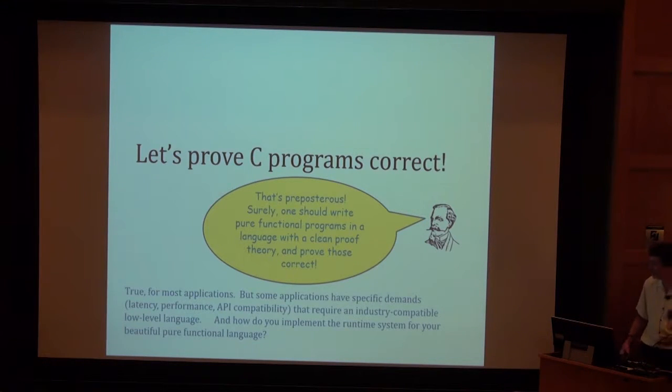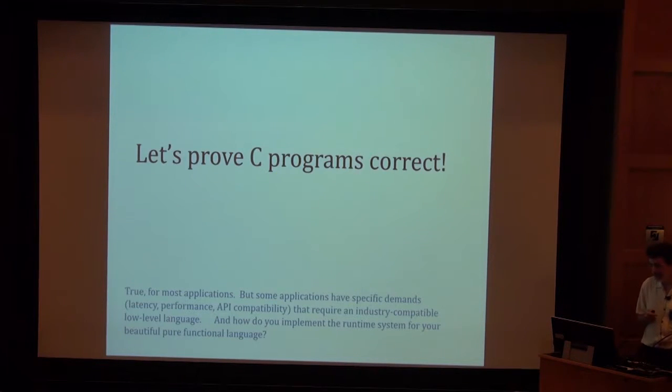But once in a while you have some specific demand for the kind of low latency or bounded resource programming that you get with C, or you want low-level interoperability with an industry standard language, or you want to write the runtime system for your beautiful functional language with the good proof theory. So some very small proportion of your programs you might want to write in C.